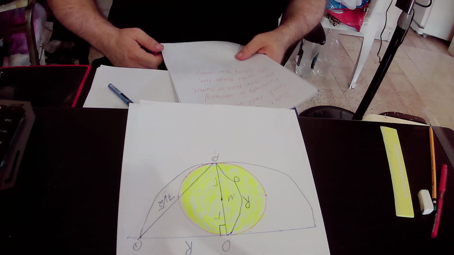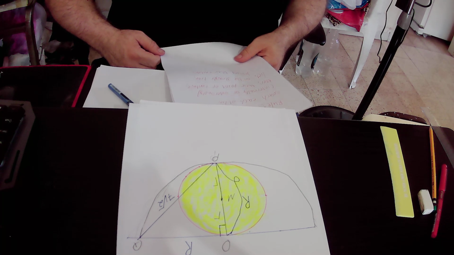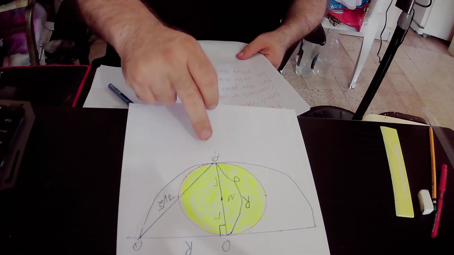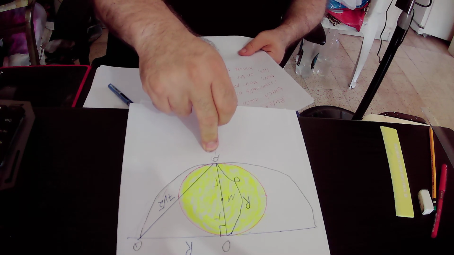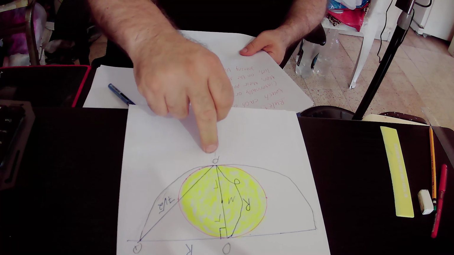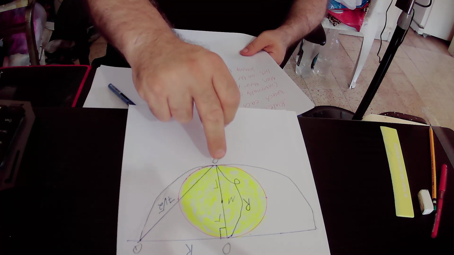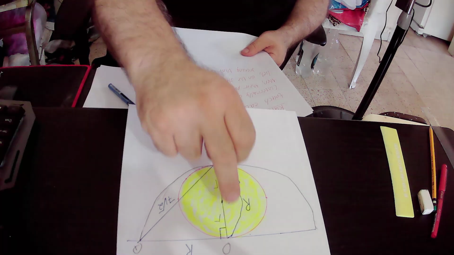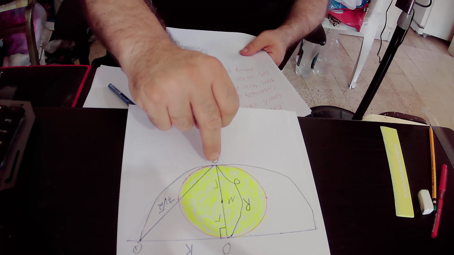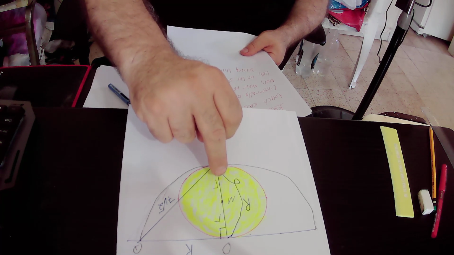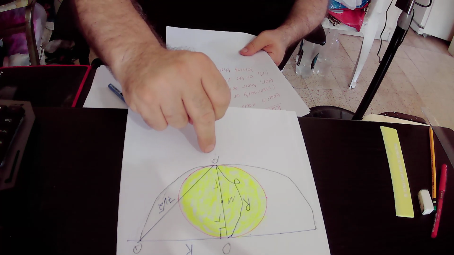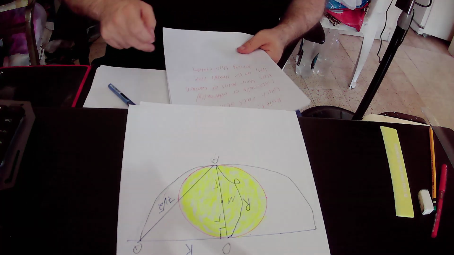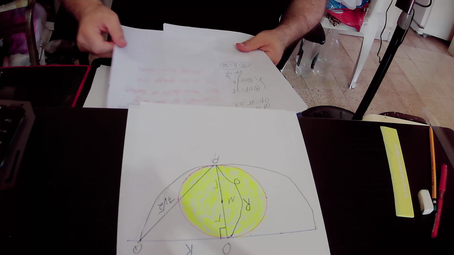Okay? So point P, the point of contact, lies on the same straight line that connects the centers together. Or in other words, PMO is one straight line.